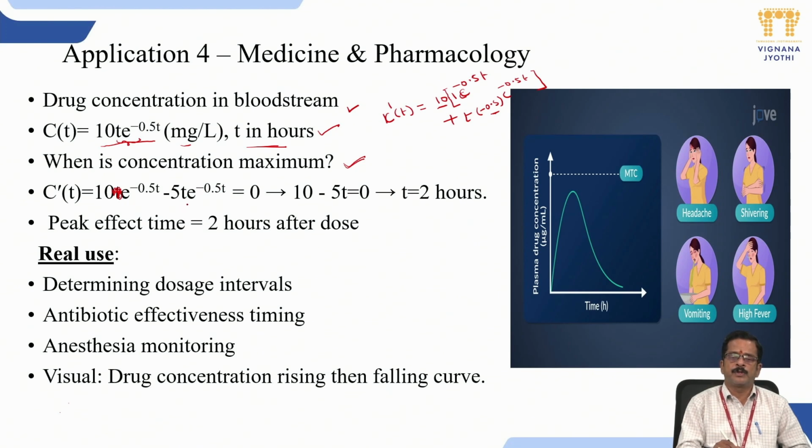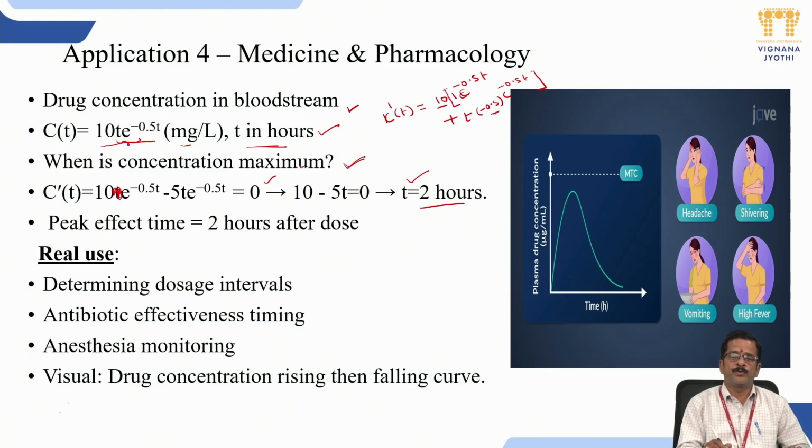This is the derivative, which is equal to 0, that implies t equals 2. So in the period of 2 hours, the concentration of the drug is maximum.